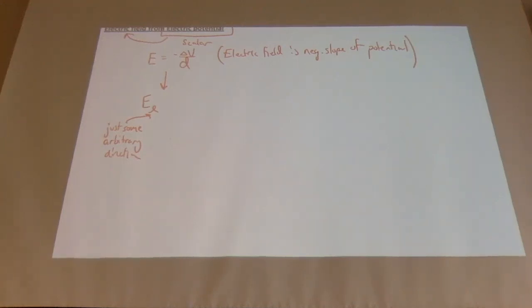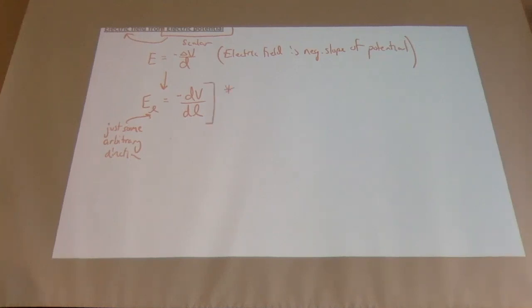The component of the electric field in some arbitrary direction L is equal to the derivative of the potential with respect to that particular position. So again, we're dealing with the negative slope or the negative rate of change of potential in that particular direction, that L direction. So let's write down a couple of different things about what this means.